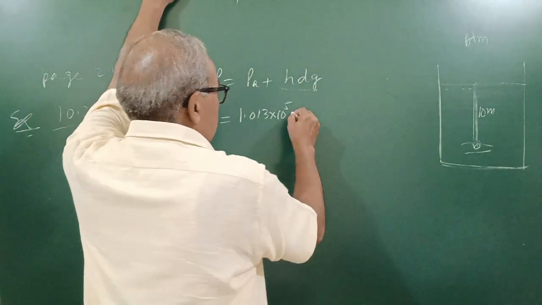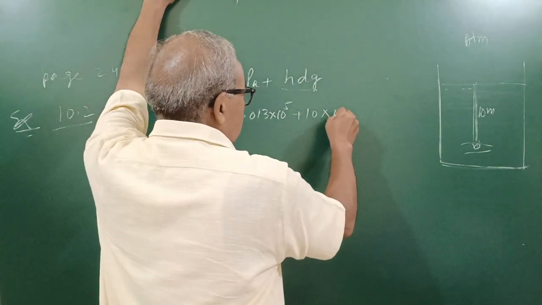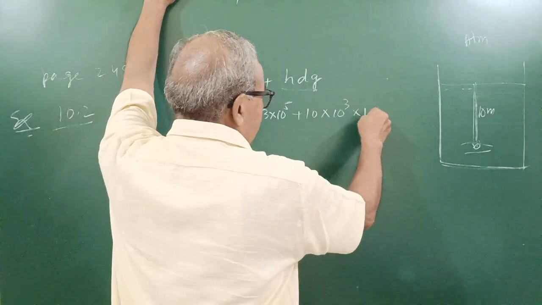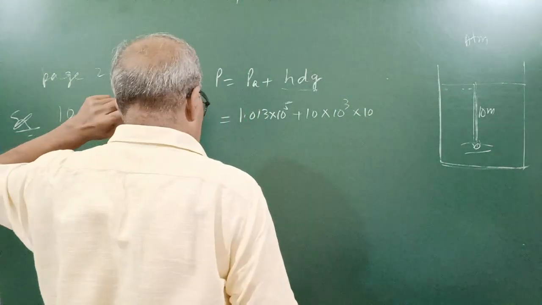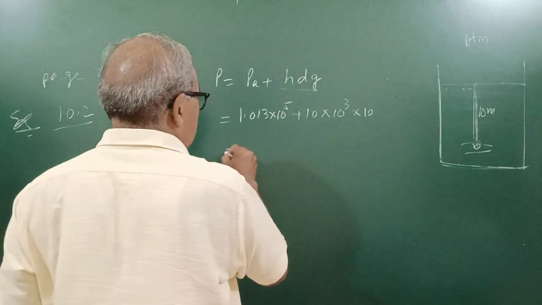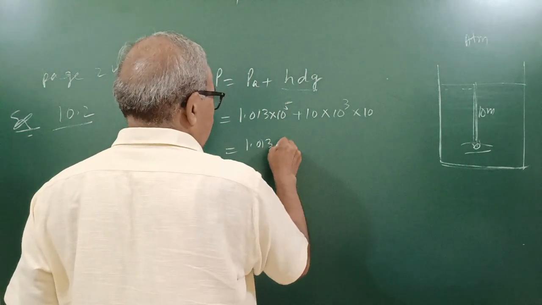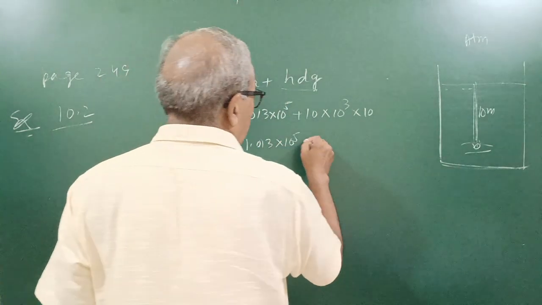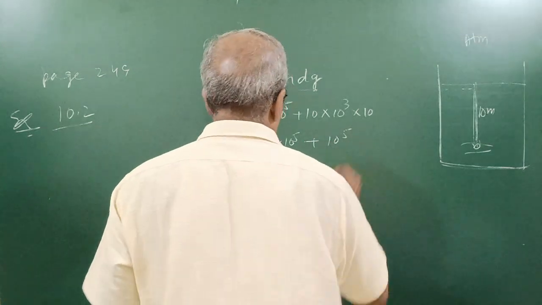So 10 × 1000 × 10, taking g as 10. So it is 1.013 × 10^5 plus 10^5.